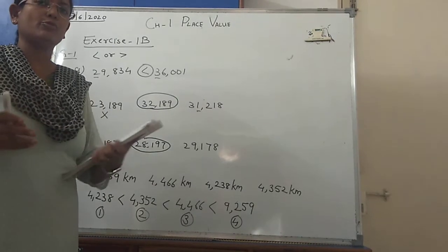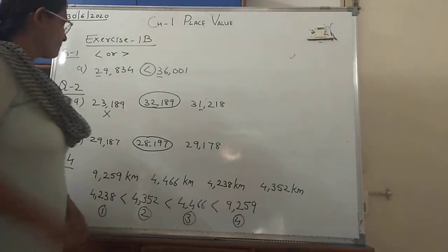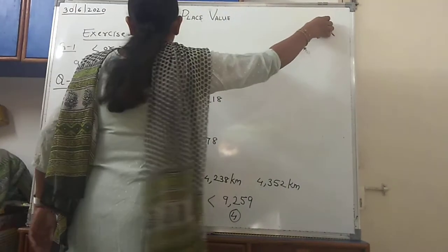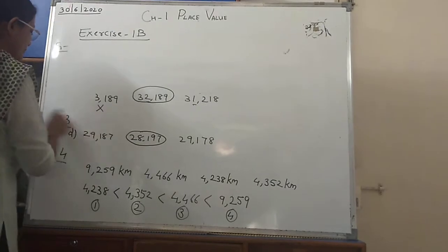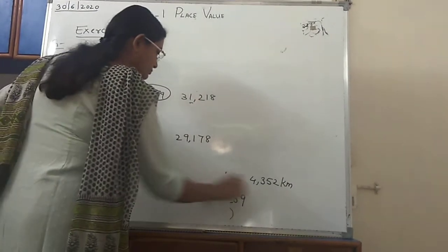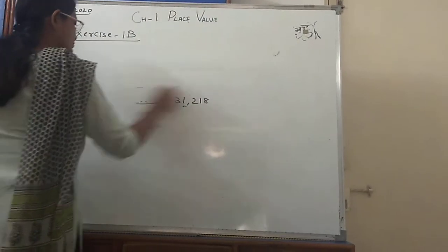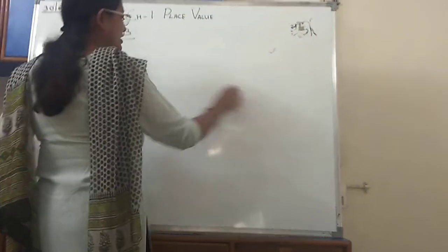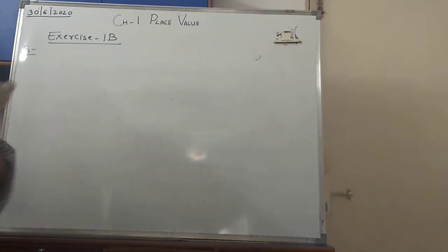Now we will move to question number 5. Question number 5 again is ascending order and descending order. Okay. Question number 5 is ascending order.